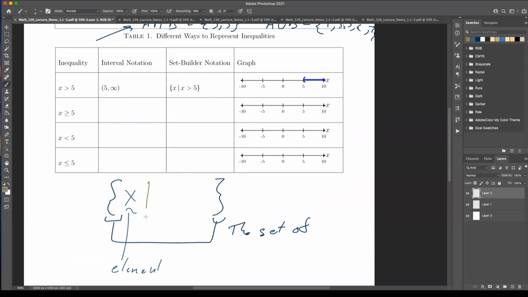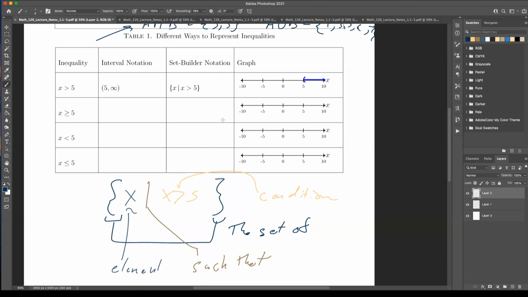This line here means such that. And then in orange, we're going to have X less than 5. And this right here is our condition. So this means the set of all X such that X is less than 5. Okay.